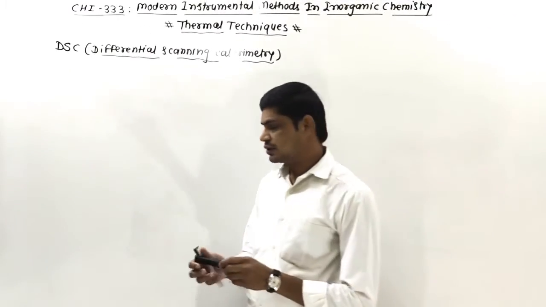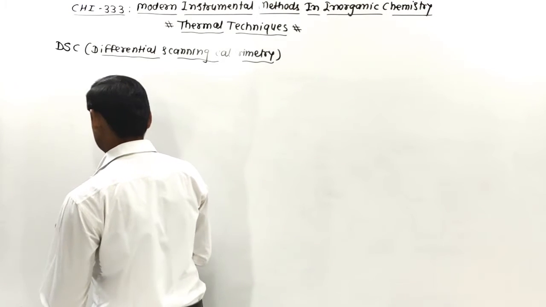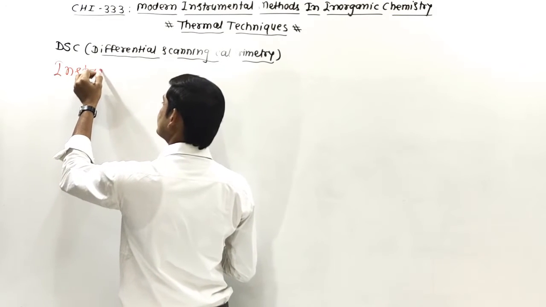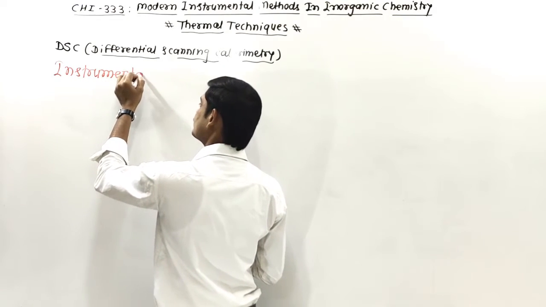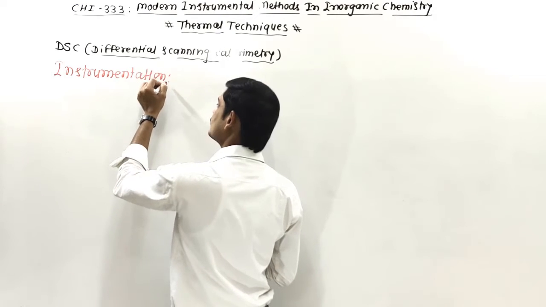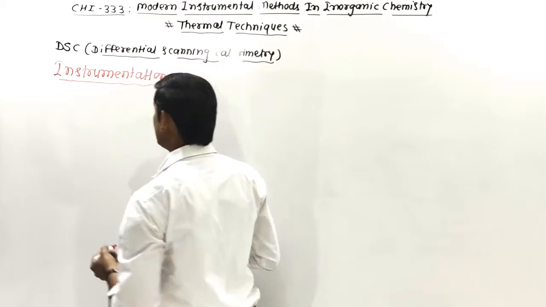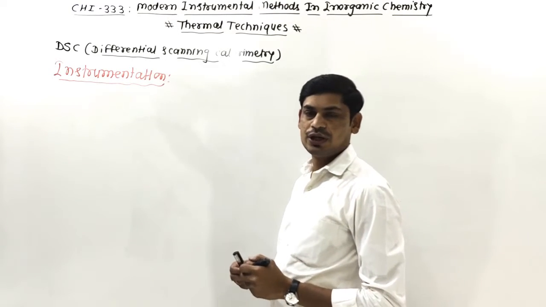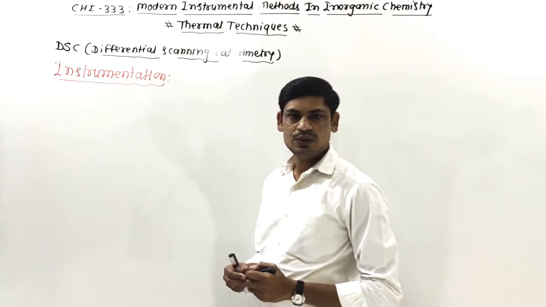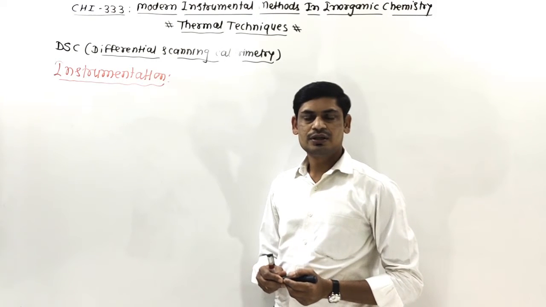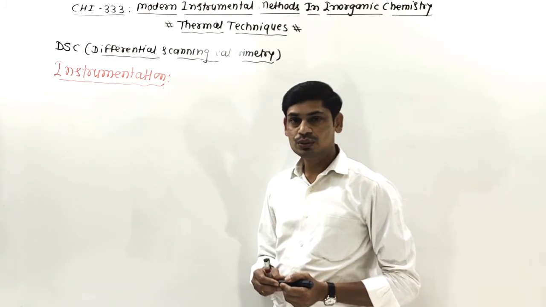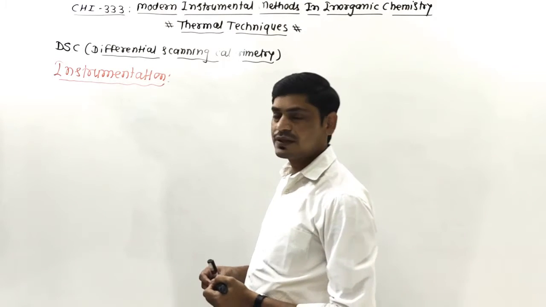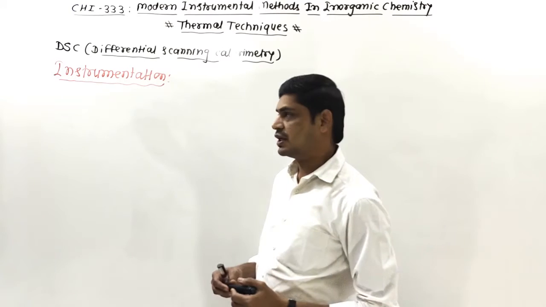Now the instrumentation. The DSC instrumentation consists of two compartments, or you can say two sample holders. One contains a sample, another contains a reference material.